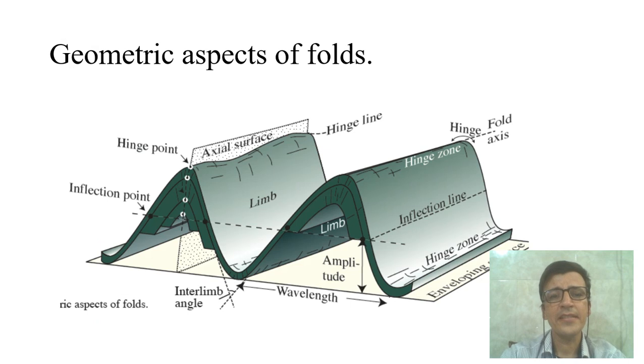Start from jargon, special vocabulary about folds. Geometric aspect of the folds. What is the special vocabulary we are using in folds? First of all, there are some parameters, some factors.